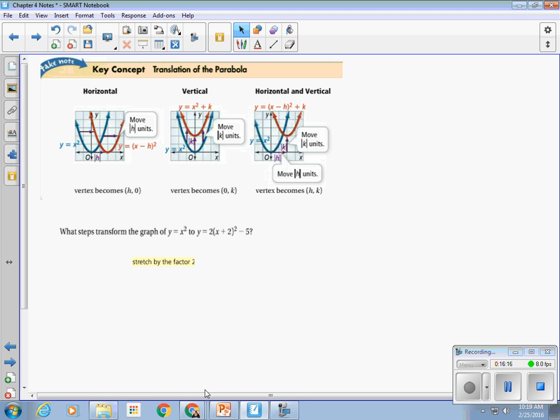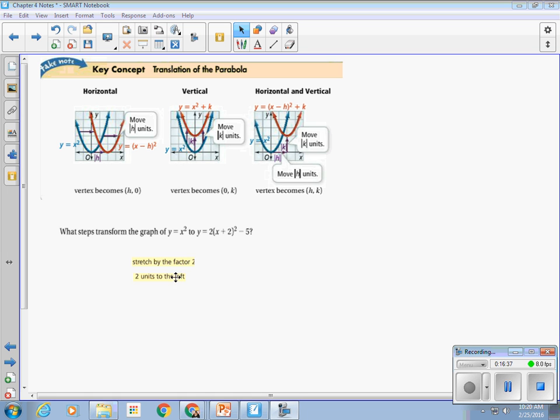Then I notice I got the plus 2 inside of the parentheses. What does that plus 2 inside of the parentheses do to our parent function? This x plus 2 moves our function 2 units to the left, and then lastly but not leastly, subtracting 5 from our function.